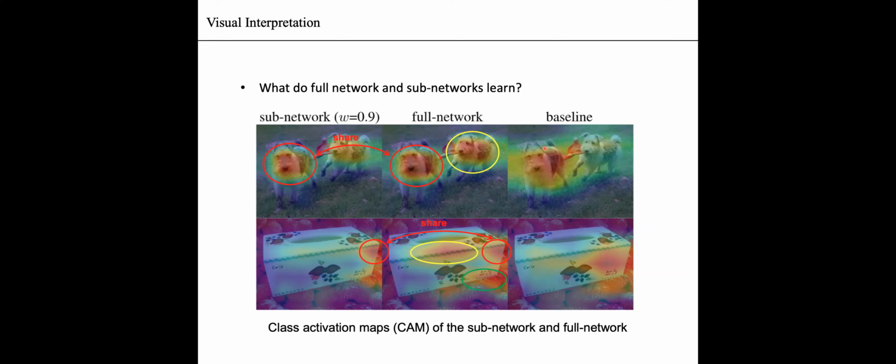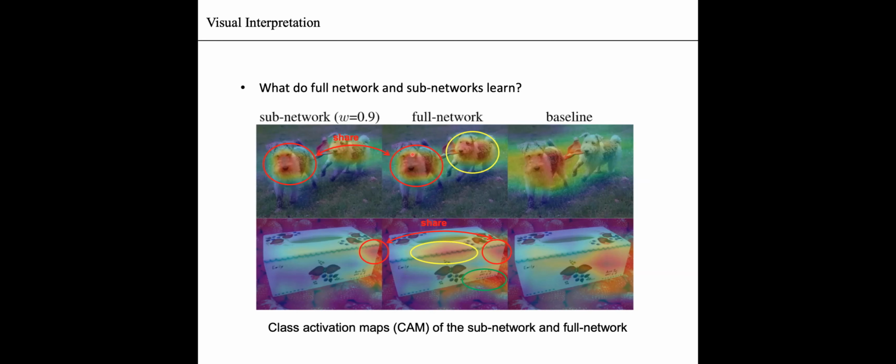And we also do the examination on this GradOrg trained network, right? In the GradOrg, we have the full network. We also have the subnetwork. So for a simple case, we just sample one subnetwork with 90% of the width. And we examine using the class activation map for both full network and subnetwork. As you can see here, I highlight this red circle, because the subnetwork is sharing the weights with the full network, right?